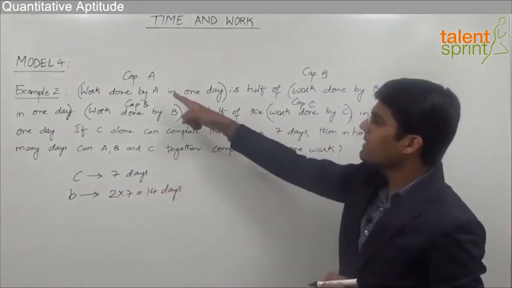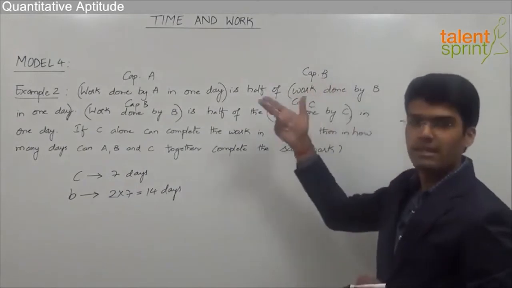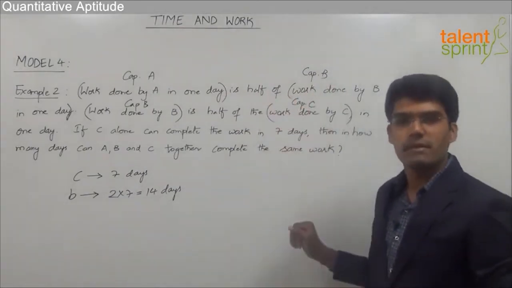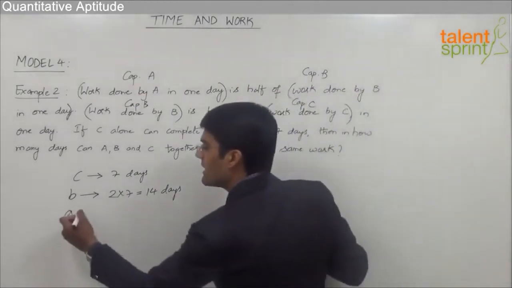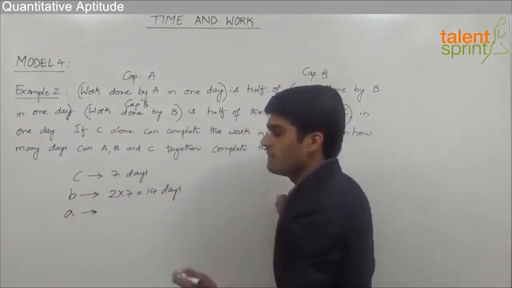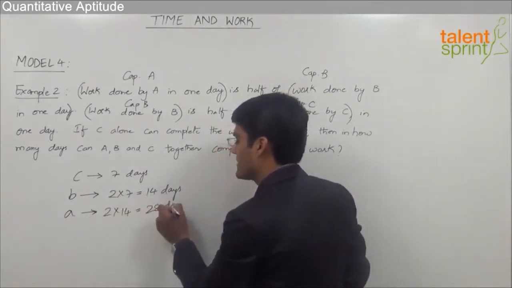And from the first statement we know that capacity of A is half of capacity of B. So very clearly number of days required by A should be double the number of days required by B. So number of days required by A, let us take it as small a, should be 2 times 14. So 2 into 14 will be equal to 28 days.